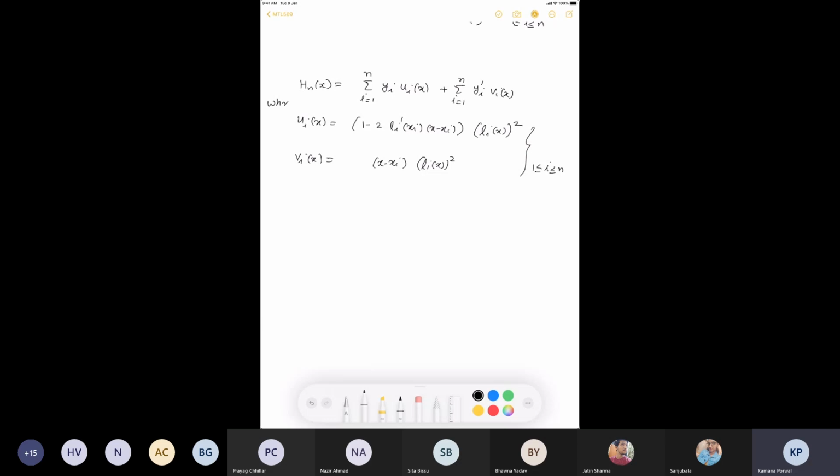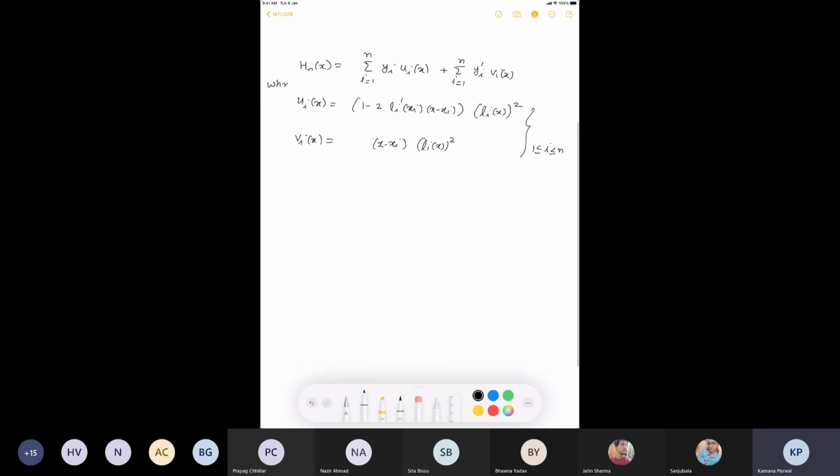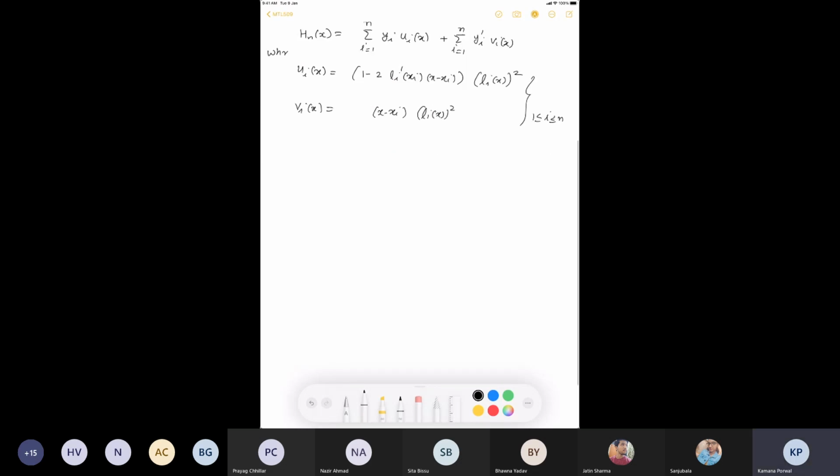So you cannot use the computation of the li(x) that you have already done for the existing set of data points, right? So when your n is very large, using this Lagrange form is not advisable, because you have to redo everything for the new data set.